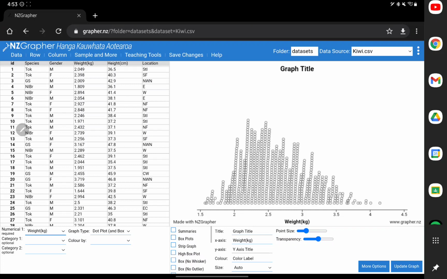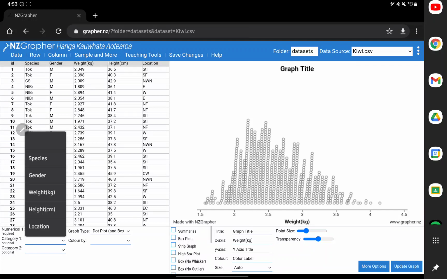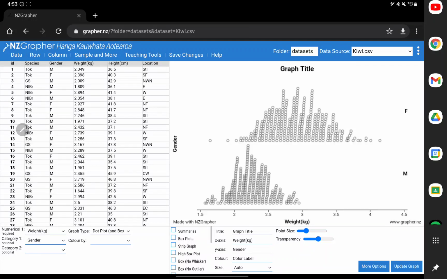Now, Kiwi birds being an animal, there's one easy way to set it apart in two groups, and that's normally gender, right? So here it is. What we can do is we can say, I wonder if female Kiwi birds and male Kiwi birds, I wonder if their weights are different.